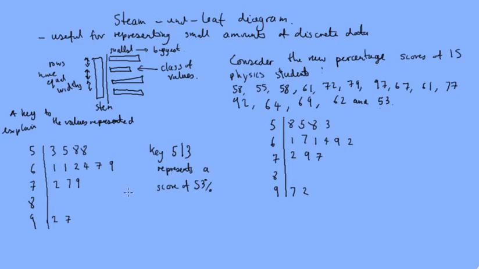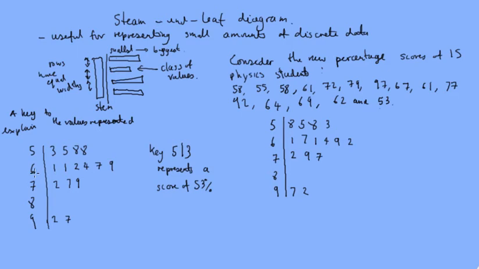Now, you can order them the opposite way around. Sometimes you may be asked to represent the data so it goes from biggest to smallest as well. So that's something just to be aware of. If you have an awful lot of data, like if you had, say, 30 leaves, you may want to change the widths of the rows.